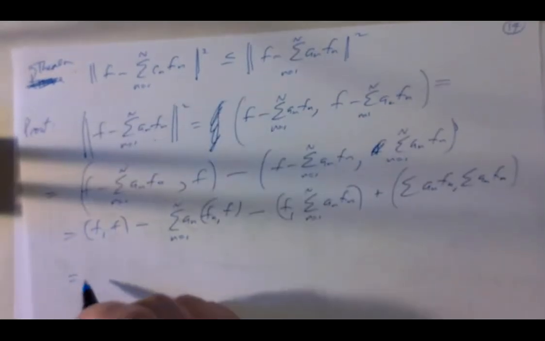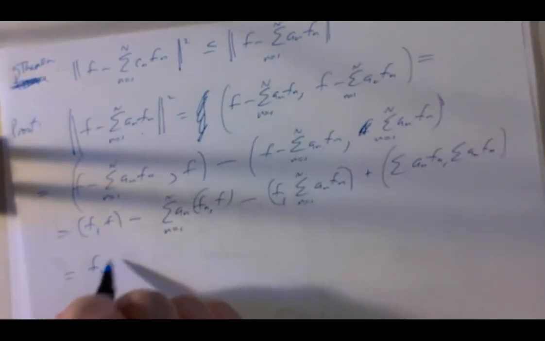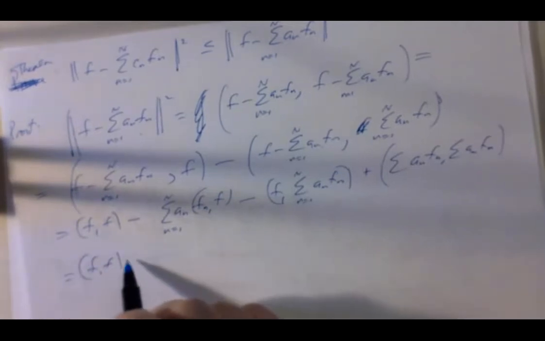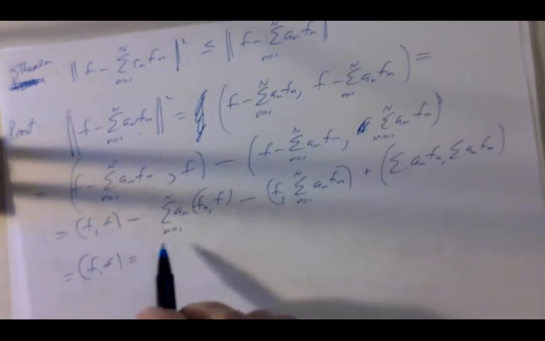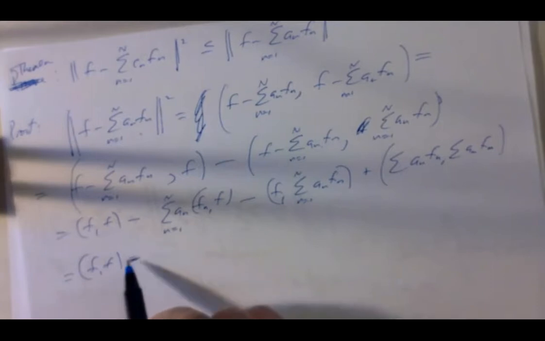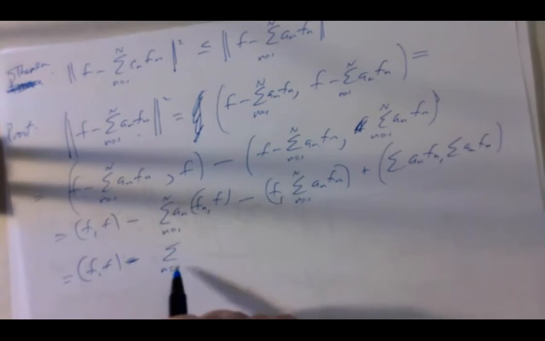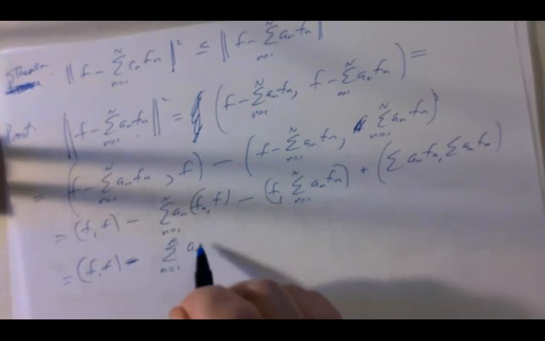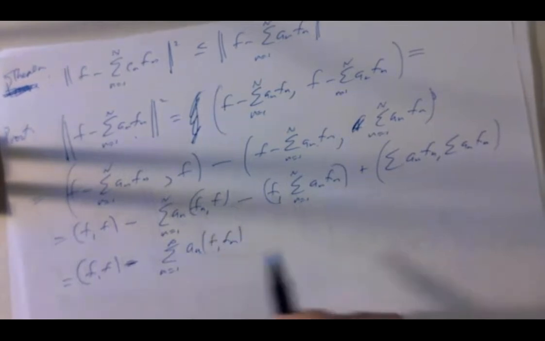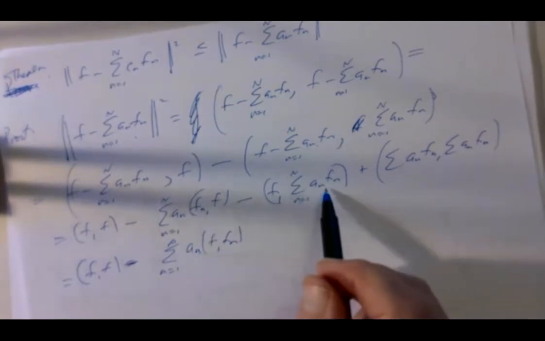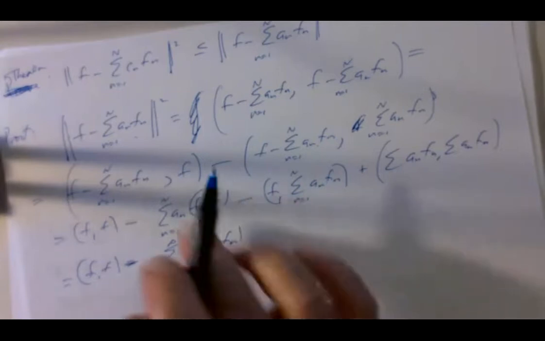I'm putting in more steps than are in the book just to try and make it a little bit clearer. So this is f inner product with itself minus the summation, n goes from 1 to infinity. The inner product of fn and f is the same as the inner product of f with fn, by symmetry. Here I get the same thing again exactly, so I have two of them.